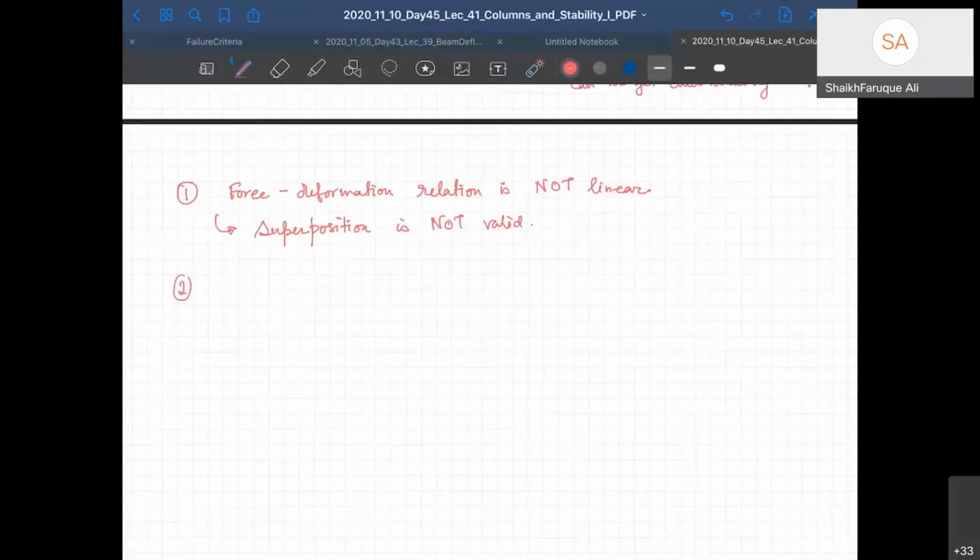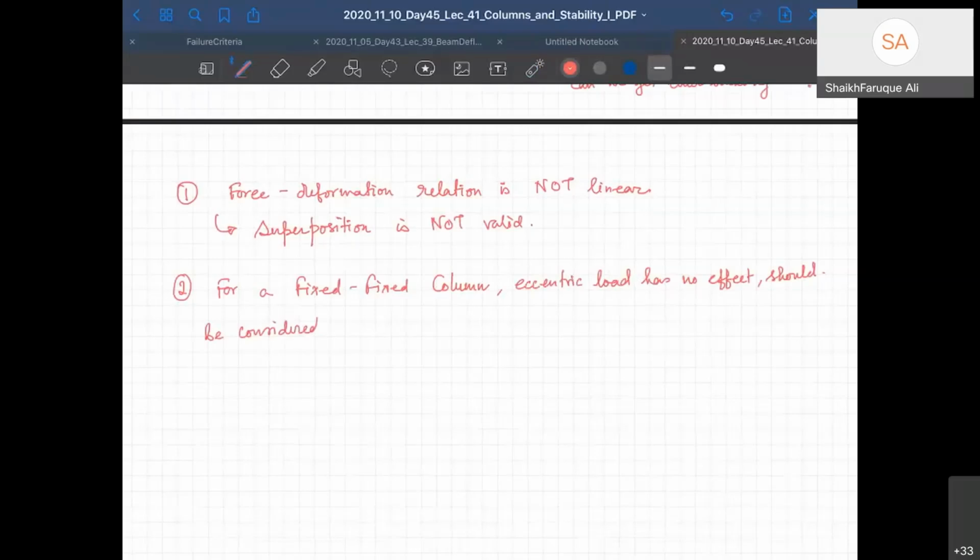Two is, for a fixed beam or fixed column, what will happen? Eccentric load has no effect, and should be considered as an ideal column.